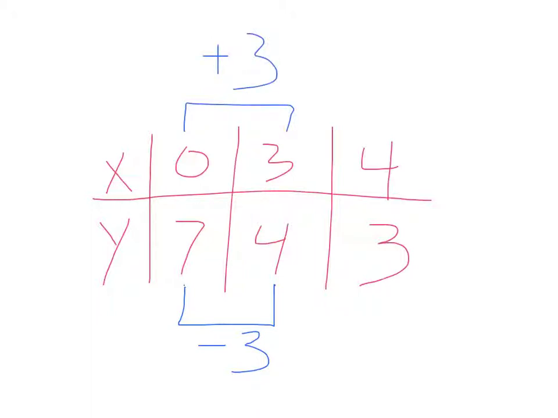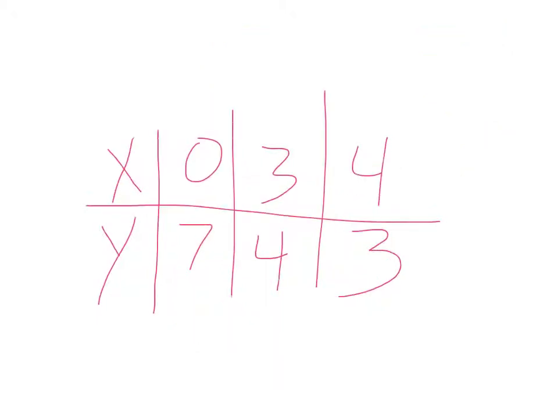So the slope between those 2 points, remember to put our y over our x, is down 3 over right 3, which is the same thing as negative 1 over 1.